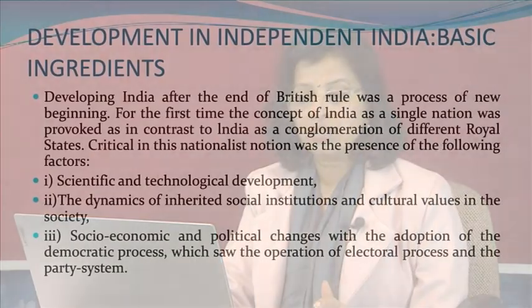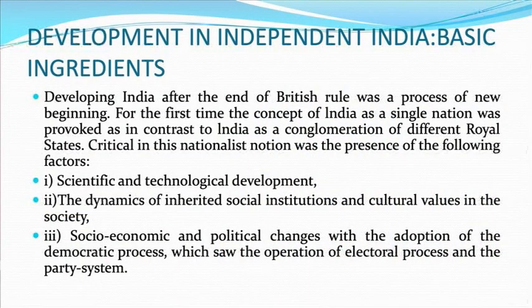It was only after independence that we came out as one single nation, and the factors which ensure the presence of development in our country were something like the scientific and technological developments, the dynamic of inherited social institutions, cultural values of the society, socio-economic and political changes with the adoption of the democratic process, which saw the operation of the electoral process and the party system.